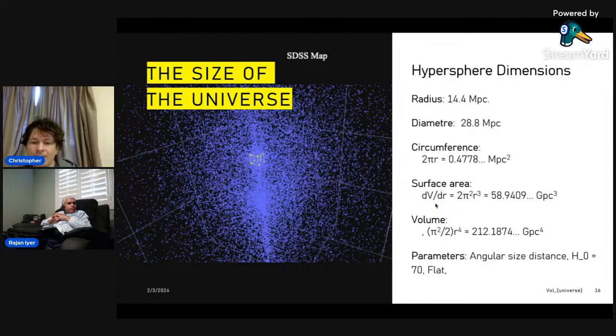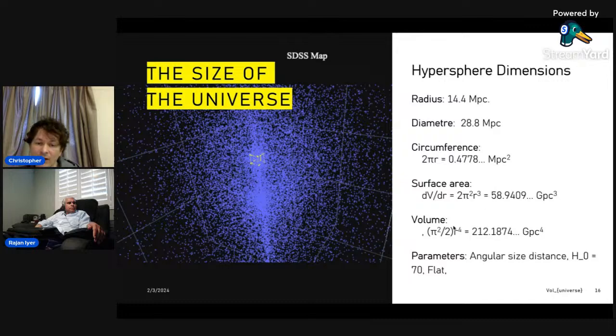Surface area is the first derivative of the volume with respect to r, and that gives 58.9 gigaparsecs cubed. So once again, the surface area of the hypersphere is equivalent to the tangent space, so it is a three-dimensional area, or volume actually, all of space.